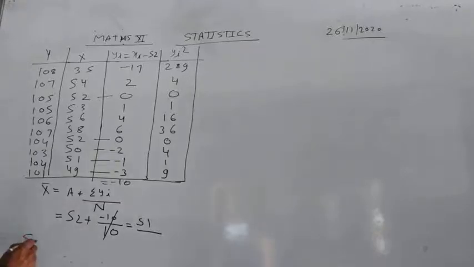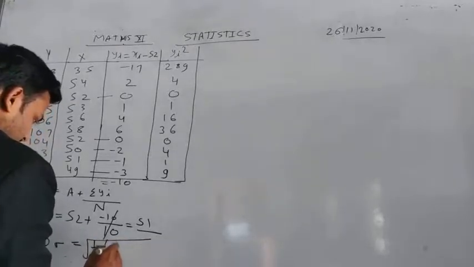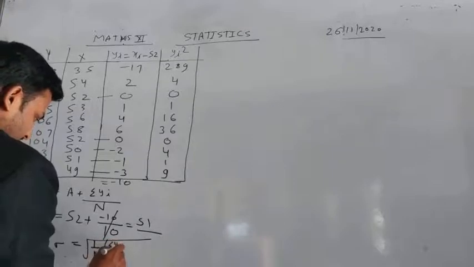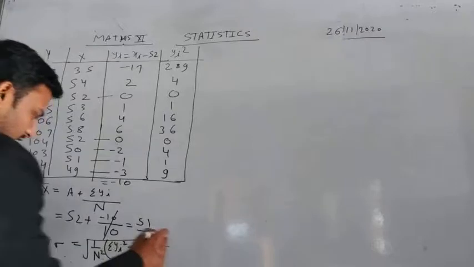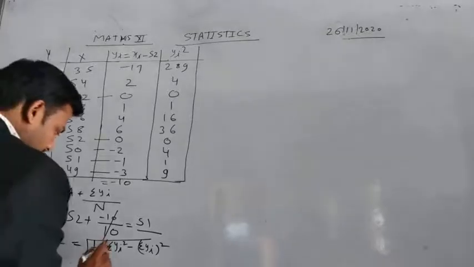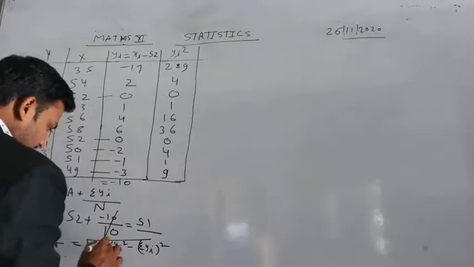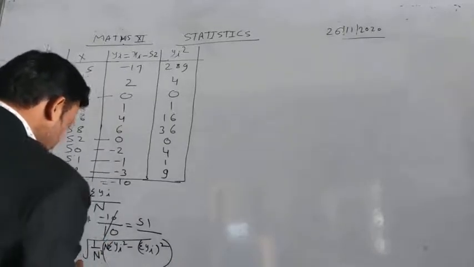SD means sigma, and sigma is under root 1 by n square into n summation yi square minus summation yi whole square. Now we put all the values here.